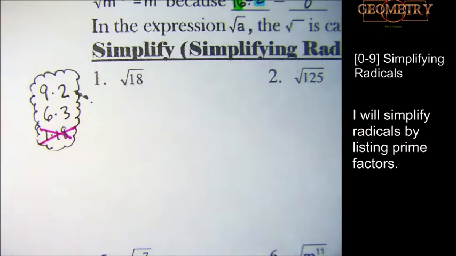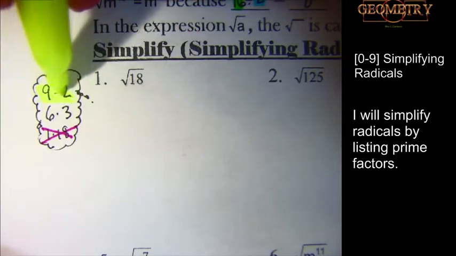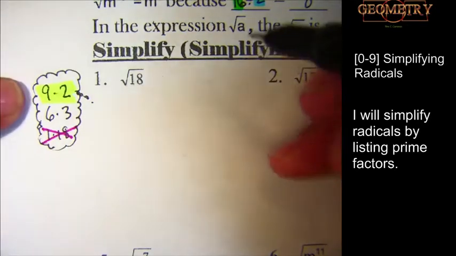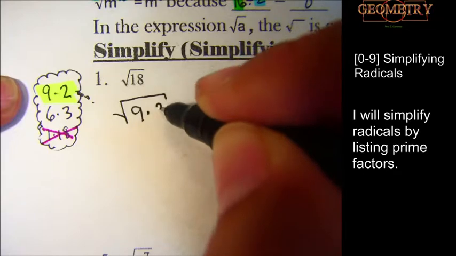As we're looking at our list, we're really looking for the pair that has a perfect square. 9 and 2, because 9 is on our perfect square list. 9 is 3 times 3. So this is going to be the factor pair that is going to help us. And so I'm going to think of 18, not as 18, but as 9 times 2. And so I'm going to rewrite it as 9 times 2.